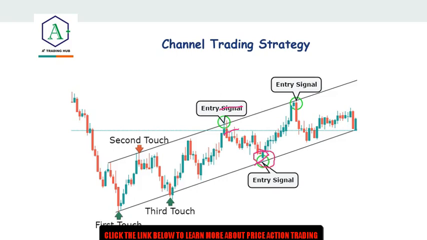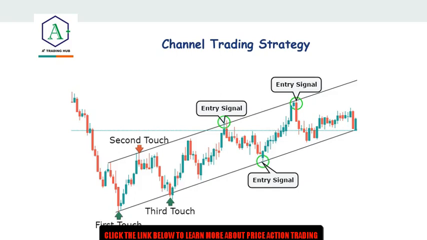So when price pushes down and reaches here, you close your sell entry and take a buy and push up. When it reaches the other end of the trend line, you close your buy entry, look for a selling opportunity, sell down. So that is the channel trading strategy.